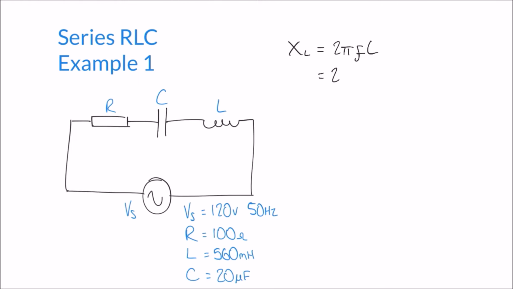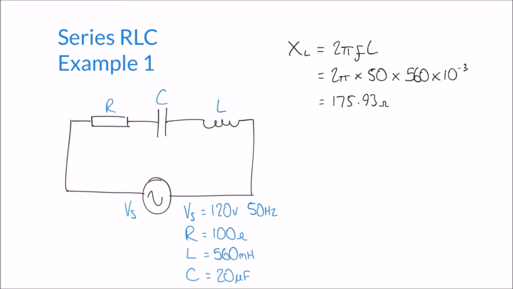So substituting some values in here, 2 pi times the frequency, which is 50 hertz, times L, the inductance, which we said is 560 millihenries, so that's 560 times 10 to the minus 3. And calculating that gives me an answer of 175.93 ohms.